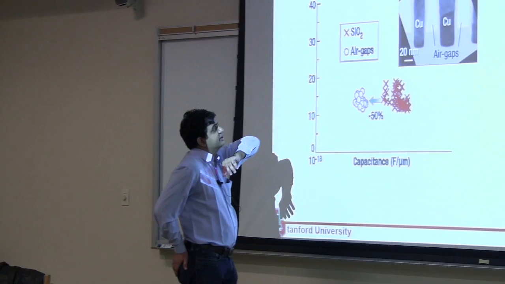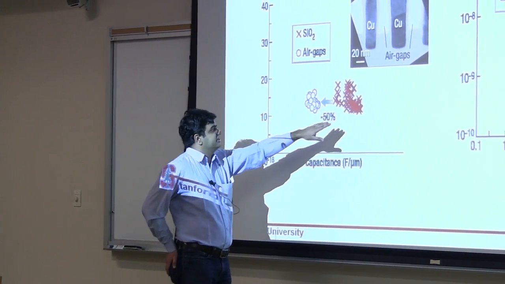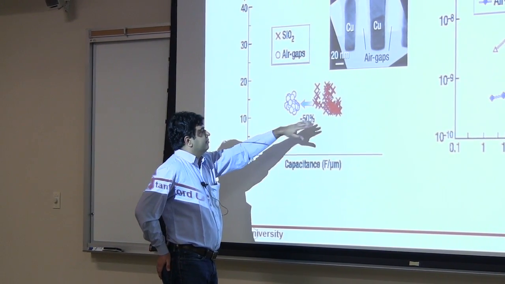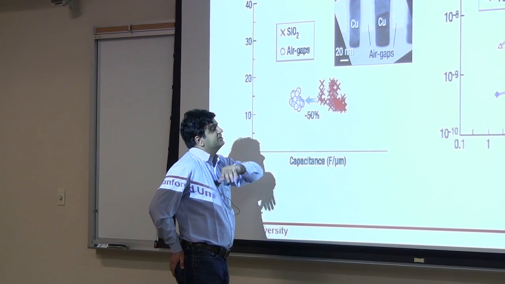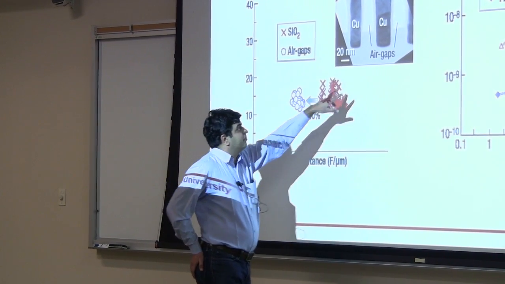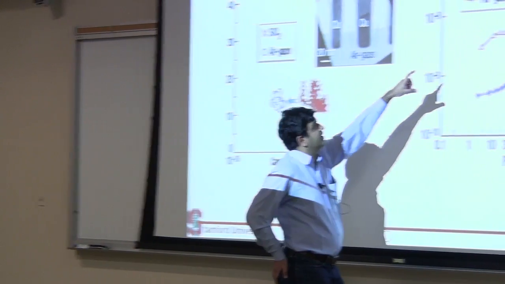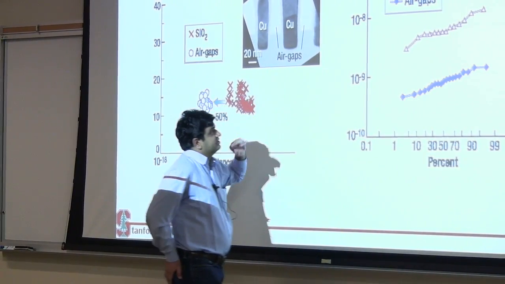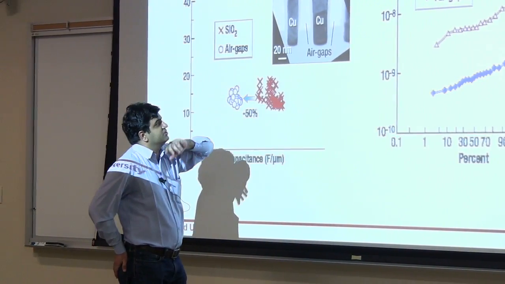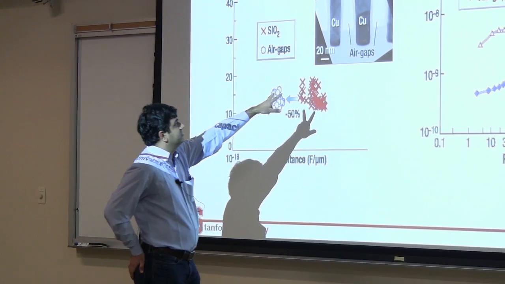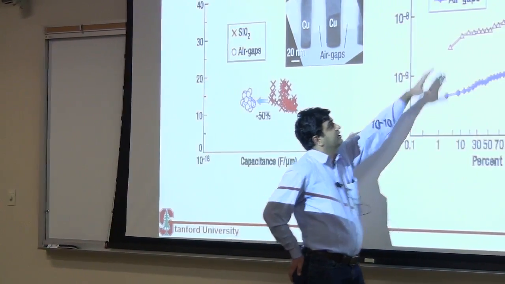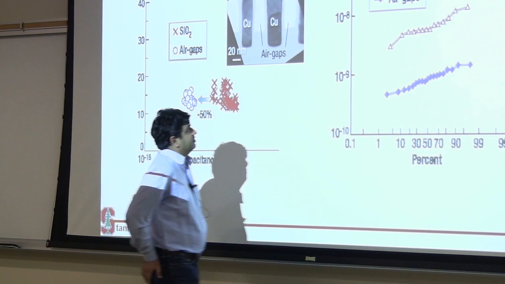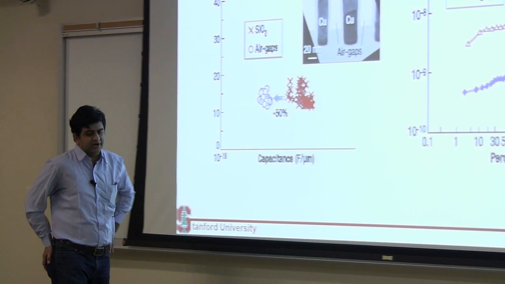I'm not doing anything to the copper line, so its resistance stays the same, but my capacitive coupling is reduced by half. So my RC delay is reduced by half. If I replace this dielectric by air, air also has the largest band offset you can get. So my leakage between these two adjacent lines reduces by 2 orders of magnitude if I replace the dielectric with an air gap.